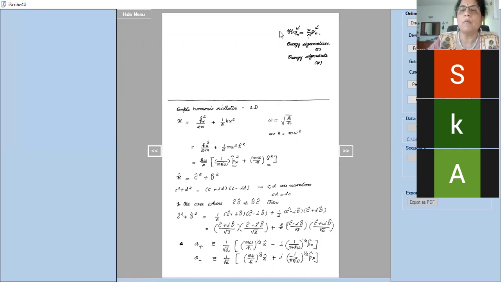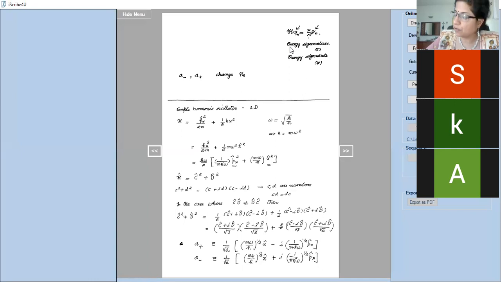Now what I'm trying to tell you is that A plus and A minus actually help you change the psi n.